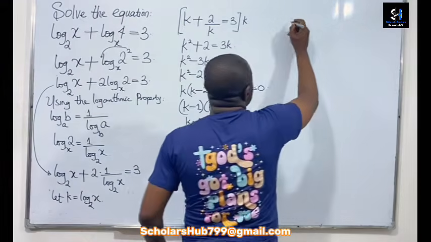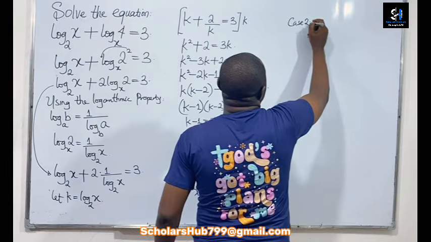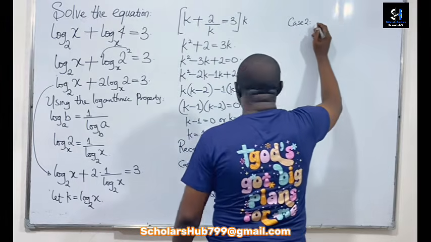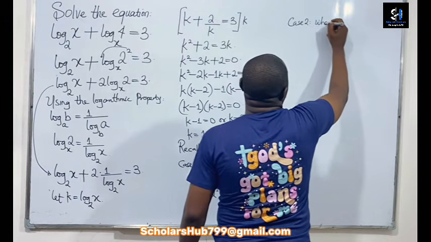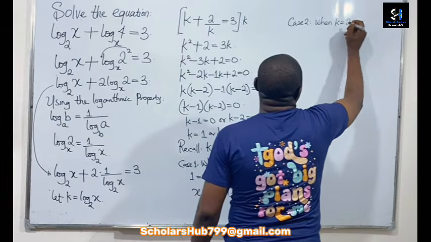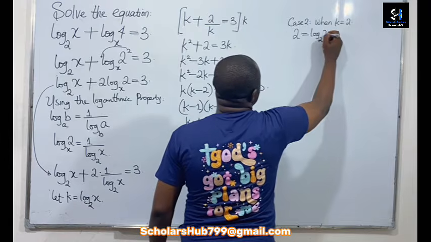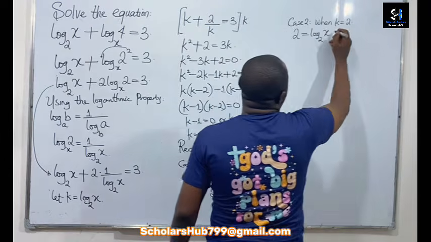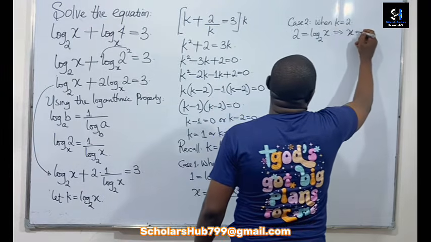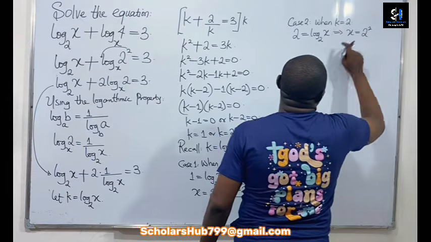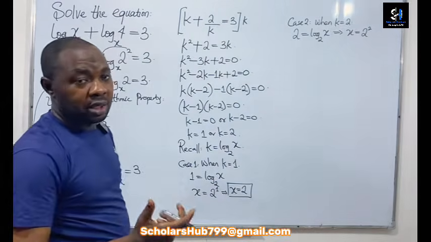Now case 2, when k is equal to 2, which means 2 equals log to base 2 of x, which implies that the value of x will be equal to 2 raised to the power of 2, and that will be 4.